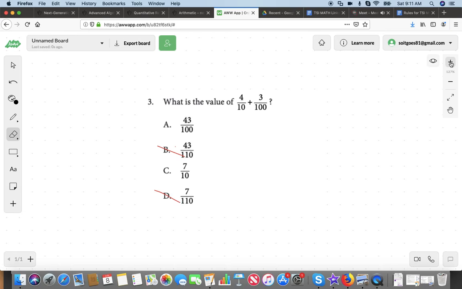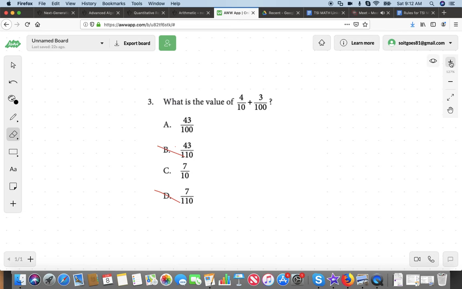Take a look at answer choice C though. I think we can eliminate answer choice C as well. Why can we eliminate C? Because of the number it is. I don't know if it would be 7/10. Well, how big is 7/10? Is that bigger than 1/2 or smaller than 1/2? It's bigger than 1/2.